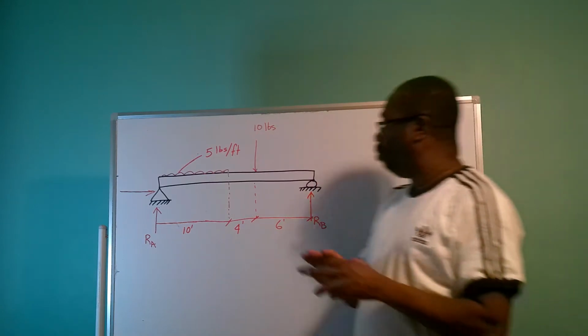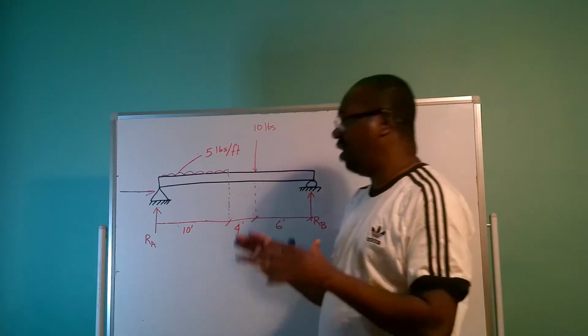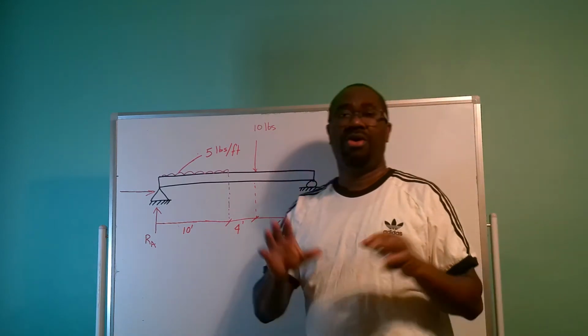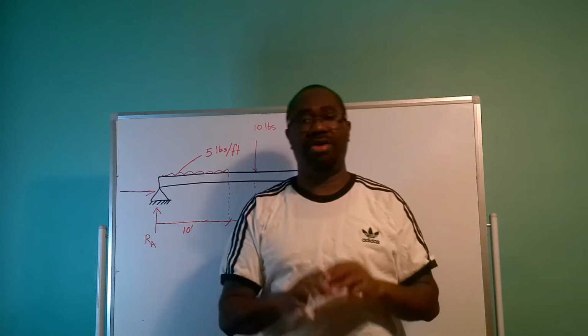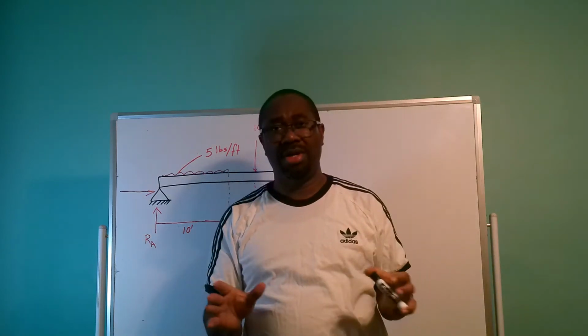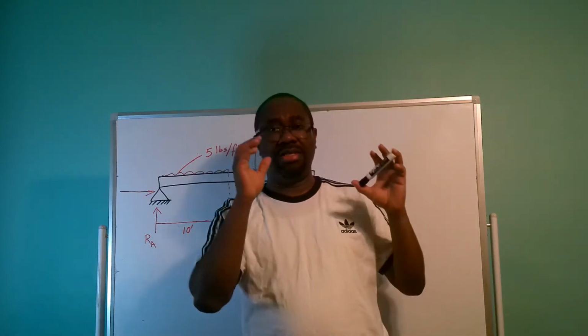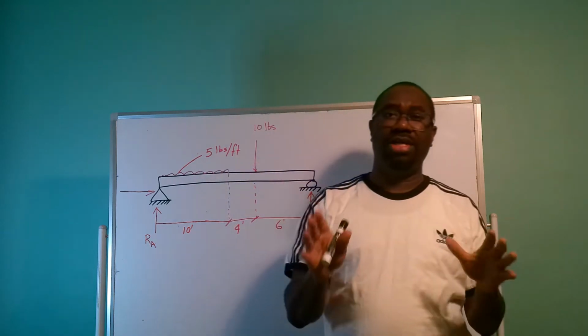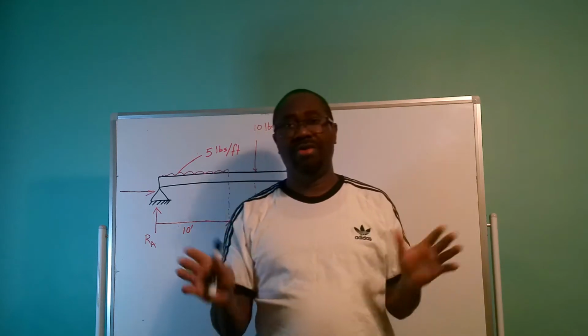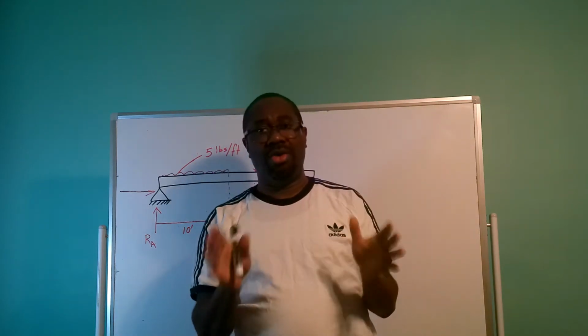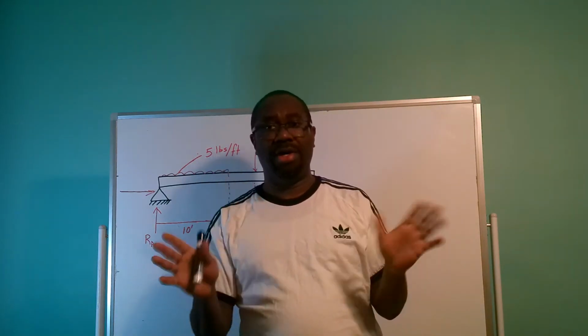So remember, I have stated to you that whenever you are calculating the reaction for a beam with a UDL, the first thing you should do is to convert that uniform distributed load into a point load.